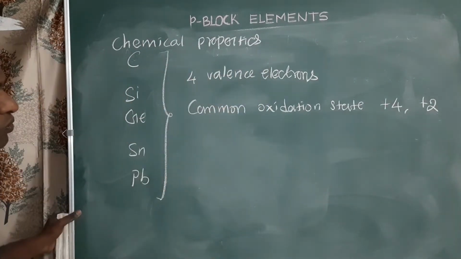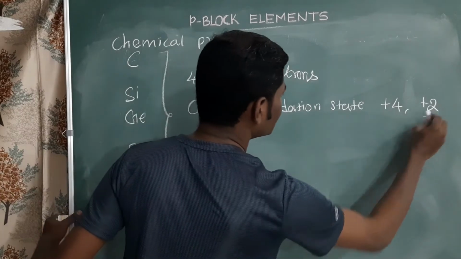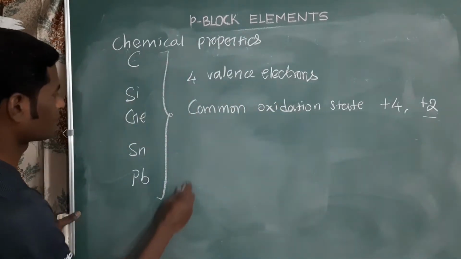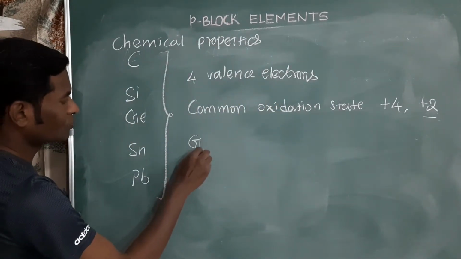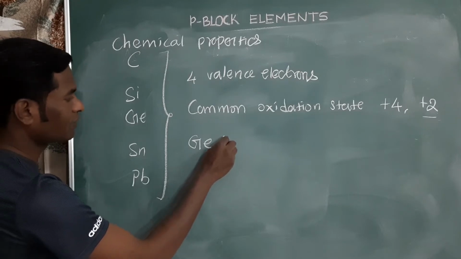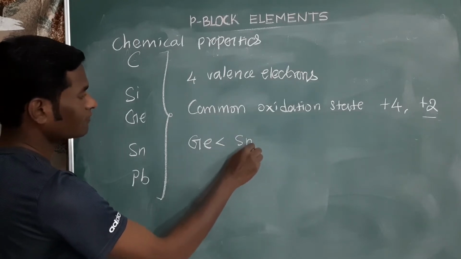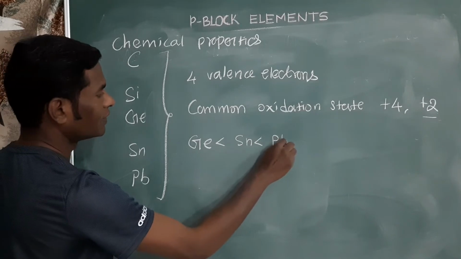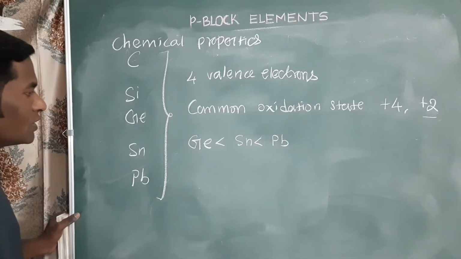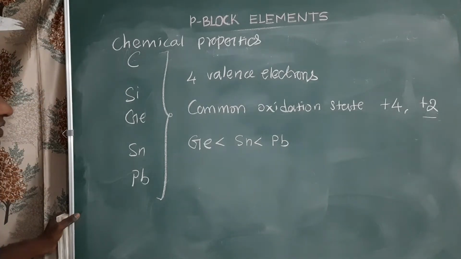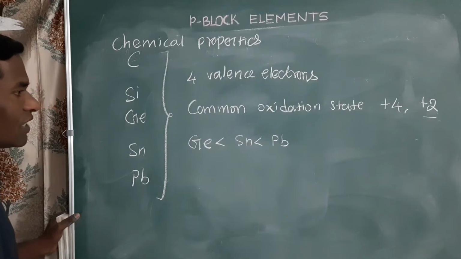Moving down the group, the stability of the +2 oxidation state increases. For example, the +2 oxidation state of germanium is less stable than tin, and tin is less stable than lead. Lead has a more stable +2 oxidation state due to the poor shielding effect.